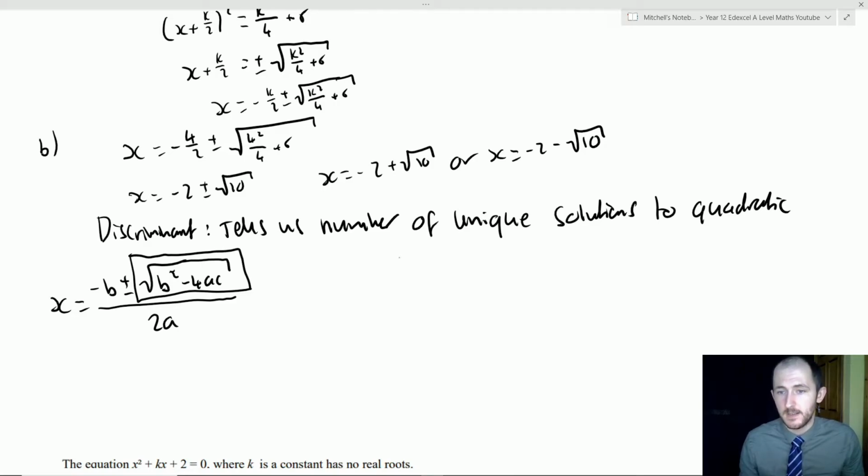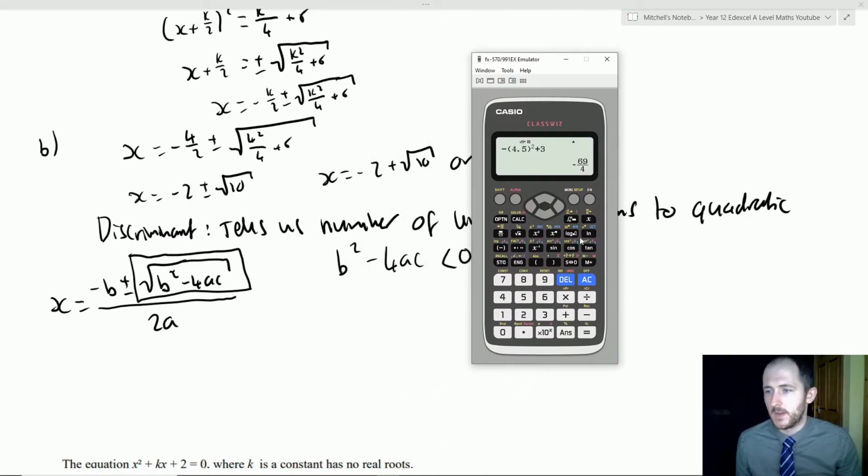If the thing inside, so b squared minus 4ac, is negative, what happens? Well, let's try it out. I'm just going to sub in random numbers. So let's do minus 10 plus the square root. Pick a negative number. Let's do negative 5 over 2.